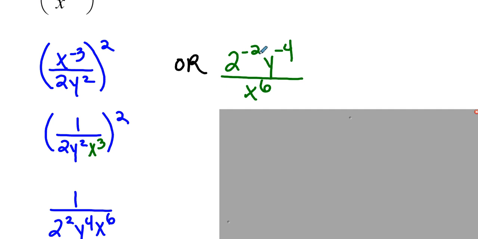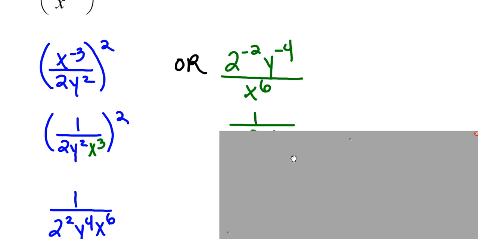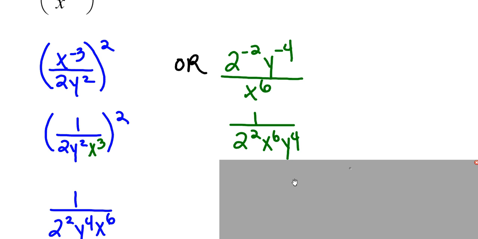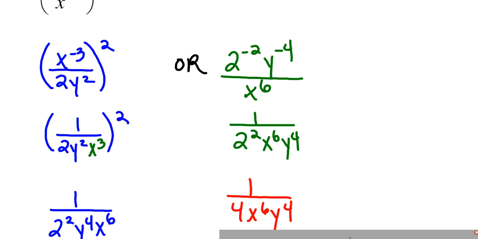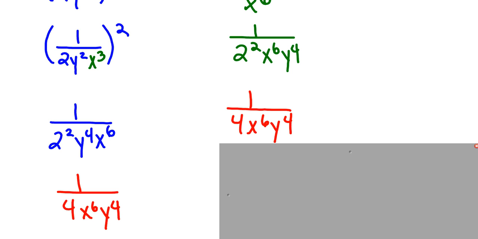So because we have a -2 for the exponent on the base of 2 and a -4 on the base of y, they really belong in the denominator. And then we can simplify from there. 2 to the 2nd power, we know is 4. We've got x to the 6th and y to the 4th. So again, it's bringing us back to our simplified expression of 1 over 4x to the 6th, y to the 4th.